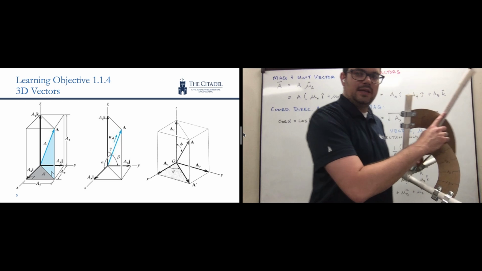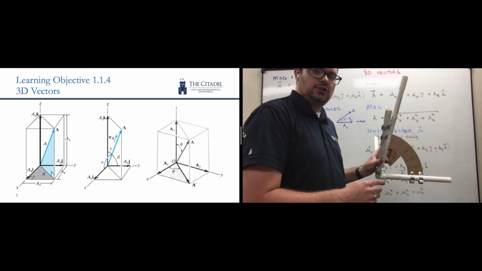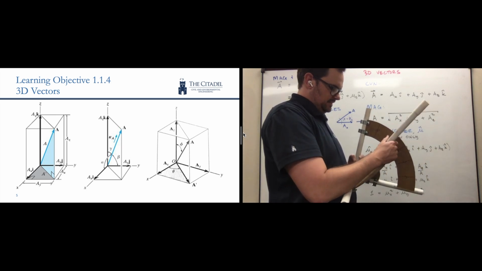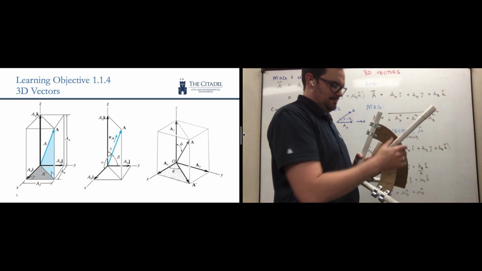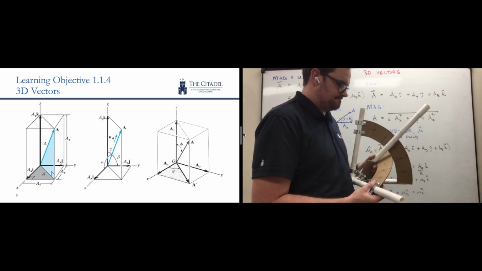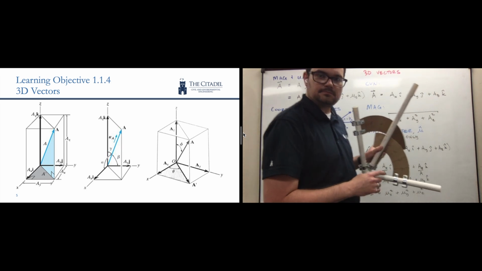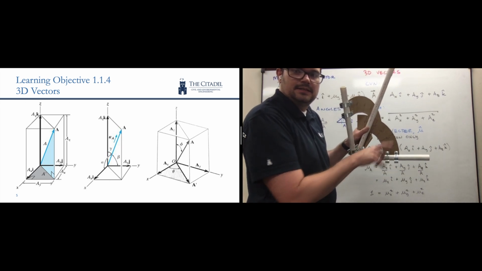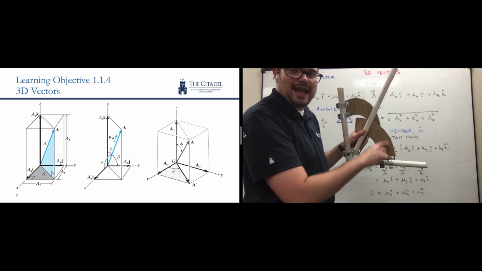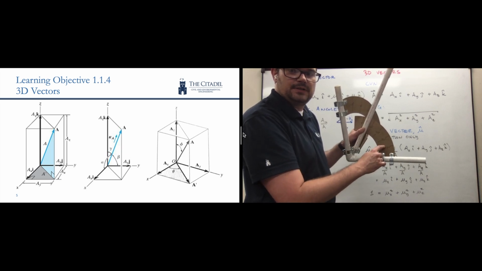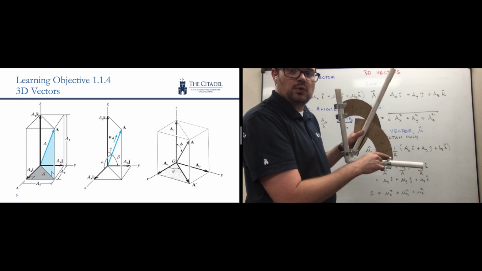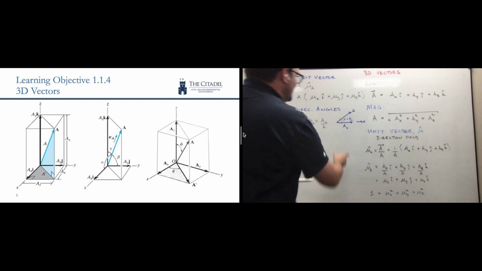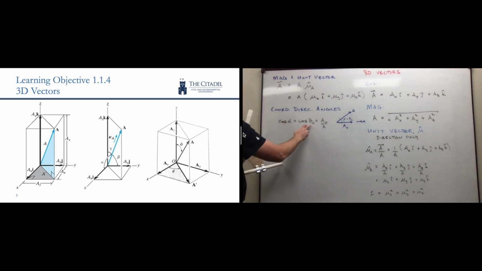What I'm doing here is drawing a 2D picture of my vector and the x-axis. So here's my x-axis, here's my vector, and here's the angle that I'm looking at. This is my alpha, or my theta x. This is my coordinate direction angle to the x-axis, and then I'm projecting down to the x-axis to get my Ax component. So there's my cosine.